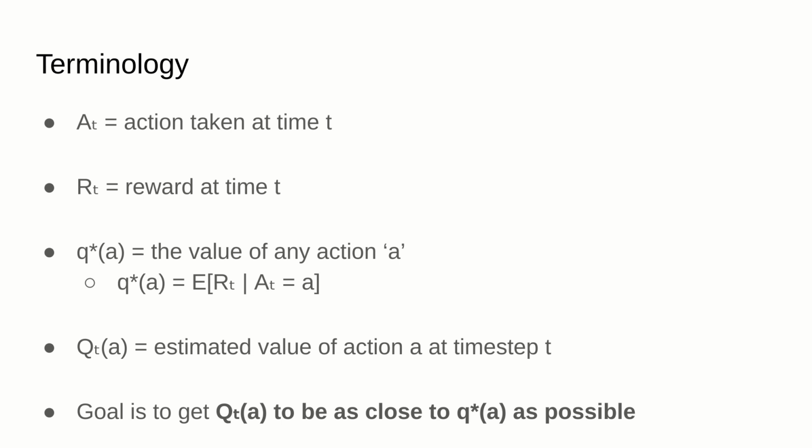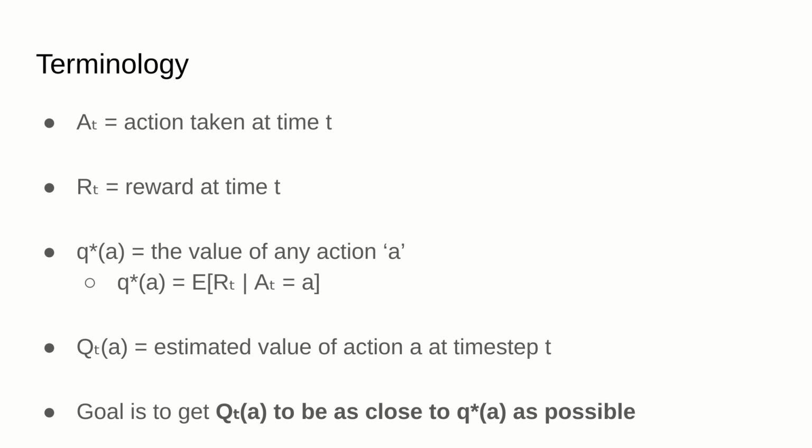And q*(a) is the actual value of any action a, and it's defined as the expected reward for taking that action. So we can read this as q*(a) is equal to the expectation of receiving some reward R_t, given that A_t, or the action taken at time step t, is equal to a.